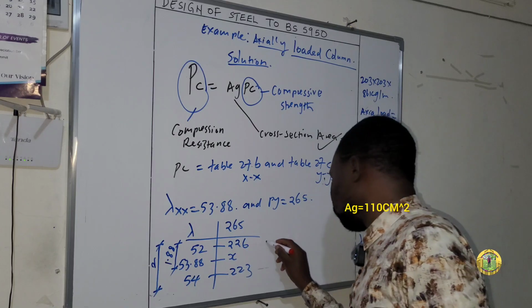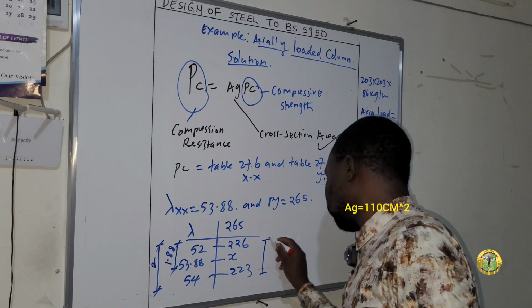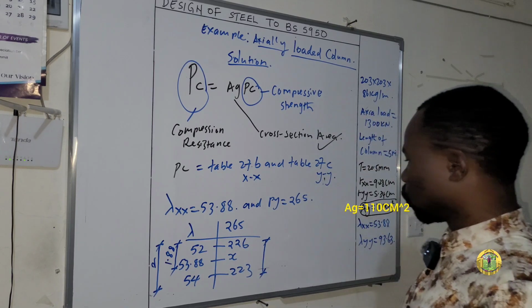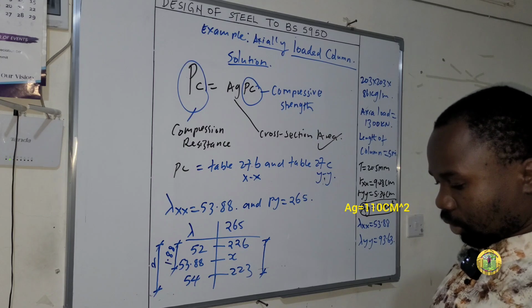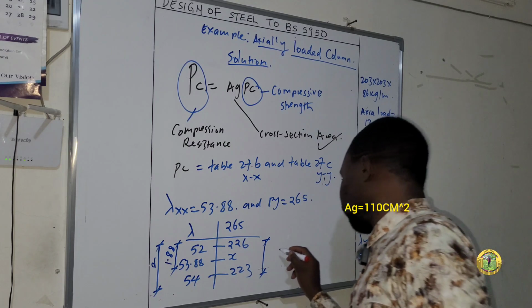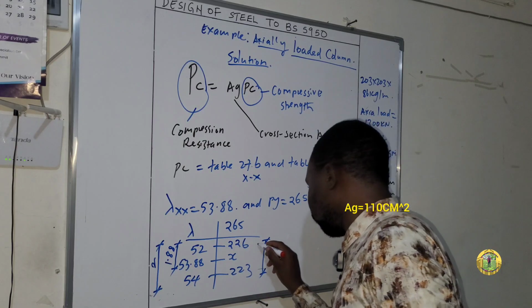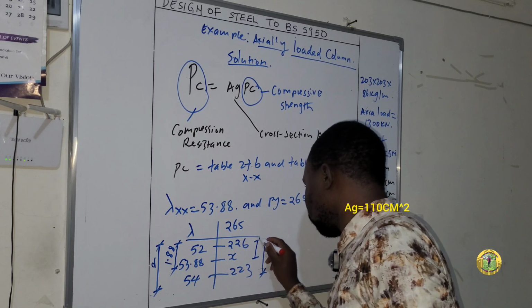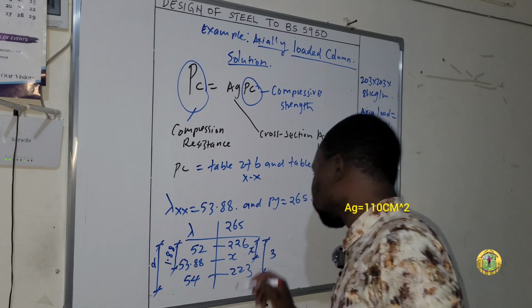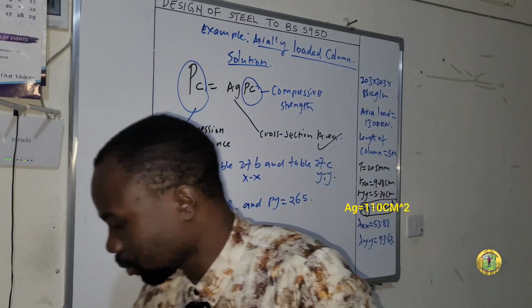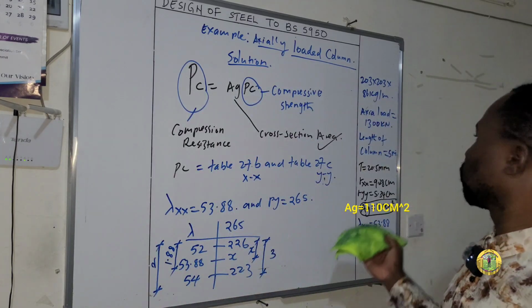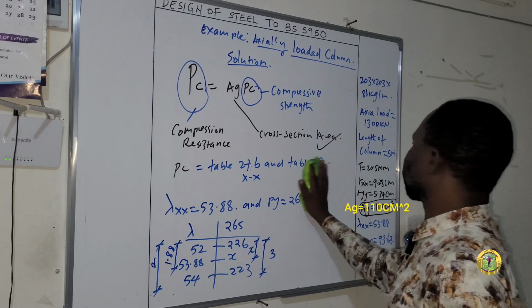Also, 226 minus 223 is 3. And we assume the difference is X. After having done so, we can do the comparison and get the value of X.